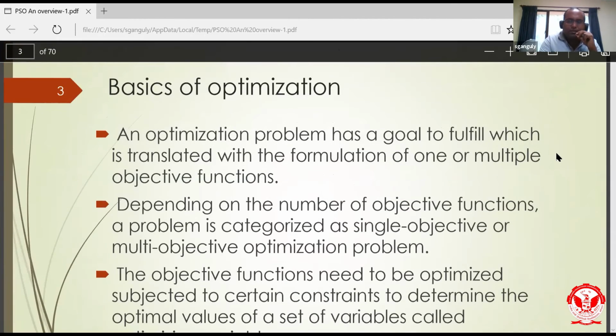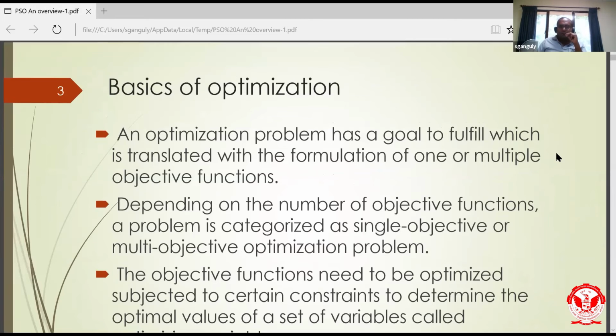So before I start, let us see what we mean by optimization. In fact, in our life also we optimize many things. We may not realize it at the moment, but we optimize every moment, and for doing so we need not be an expert in optimization. Now, what is optimization?